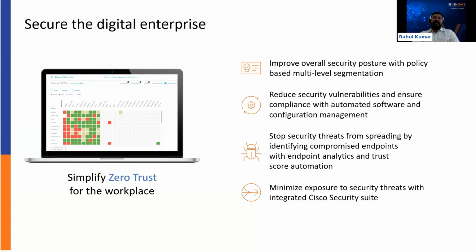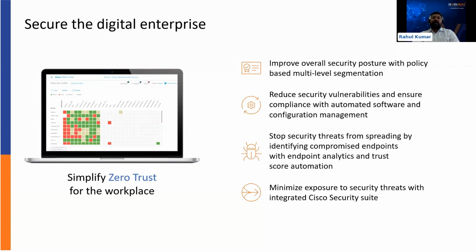And which will again reduce your attack surface as well. Cisco DNA Center helps to reduce attack surface and improve overall security posture, right? By identifying and classifying endpoints with AI endpoint analytics, it will help you more on the endpoint side, right?